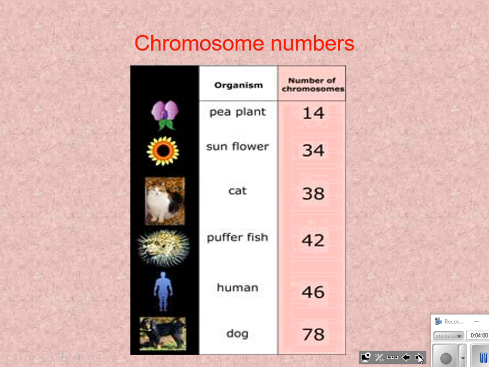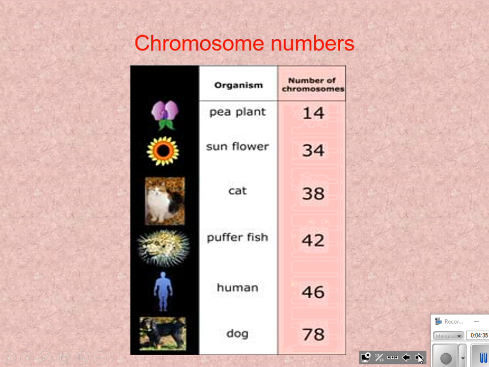What's half of 38? 19, right? So the haploid number for the cat would be 19. What would the haploid number for the puffer fish be? 21, half of 42. Okay, so can you get the haploid number if given the diploid? And vice versa? Given the haploid, get the diploid. Given the diploid, get the haploid. Okay, you're going to see that part again.